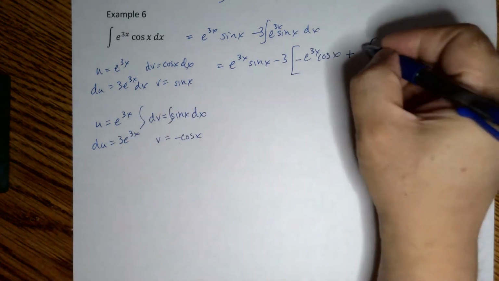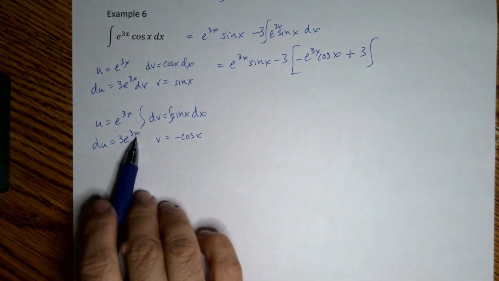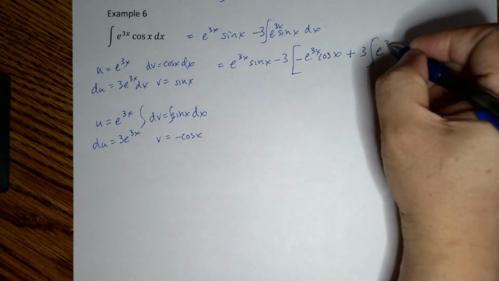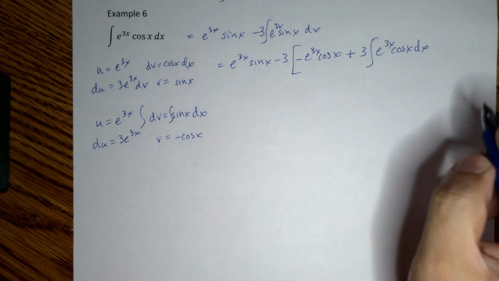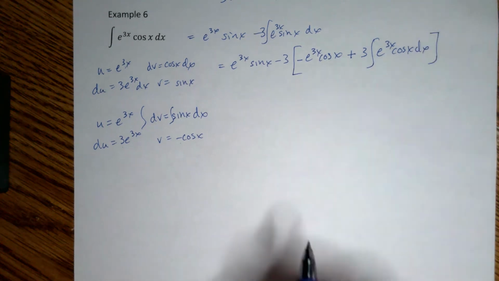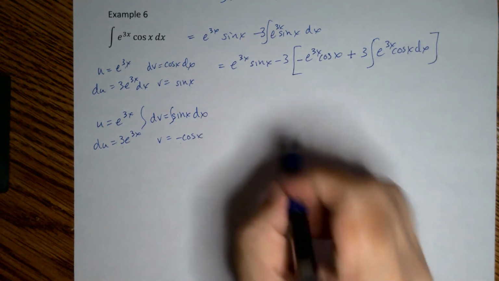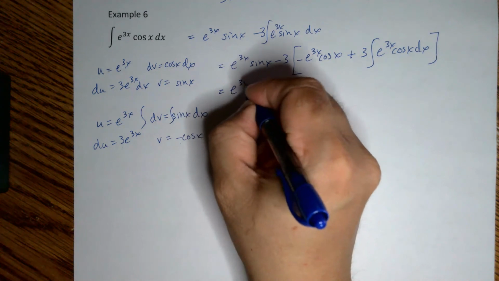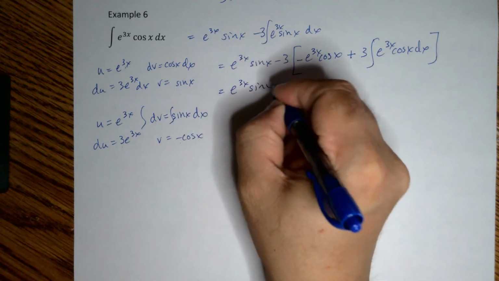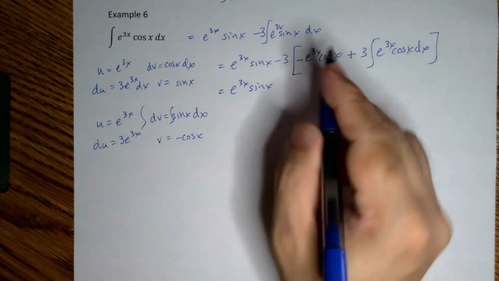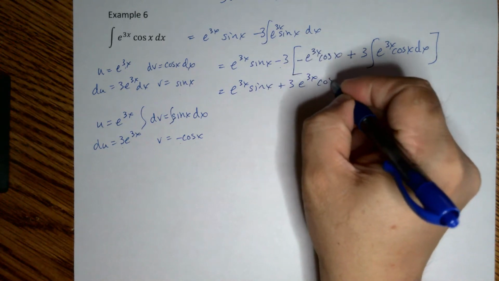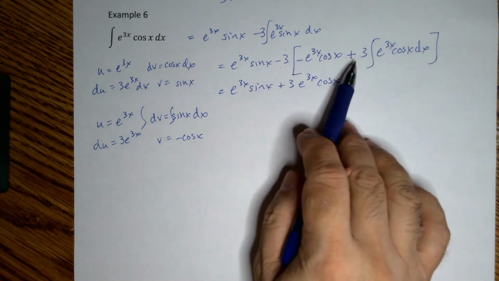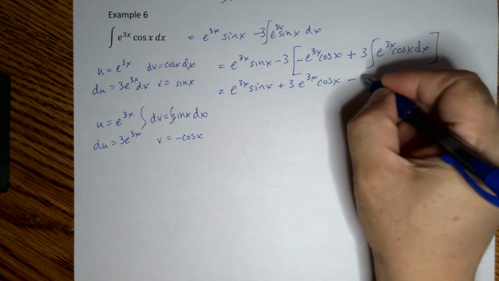And the 3, I'm going to pull it out here, and it's e to the 3x cosine x dx. Now I'm going to go ahead and distribute it. So that's a negative 3 times negative, making it plus 3. And negative 3 times positive 3 is negative 9.